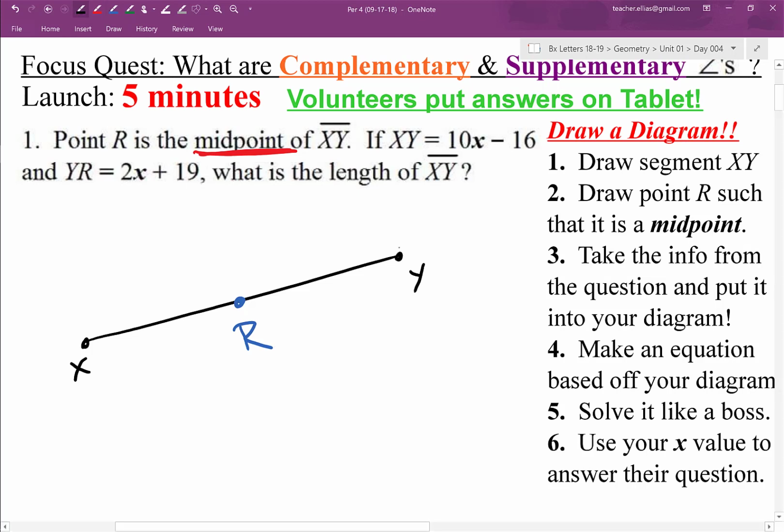Is there anything you could add to that picture? Yes. What could you add? You could add 10x minus 16, as a whole.